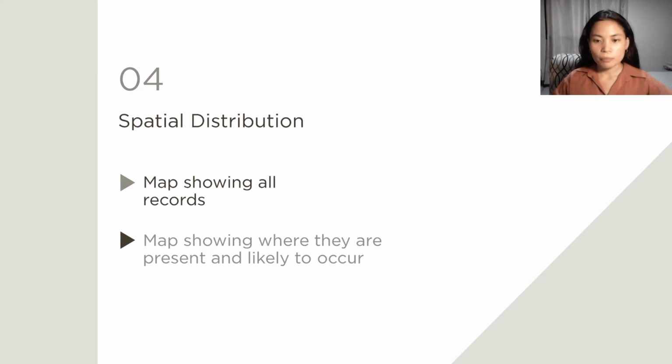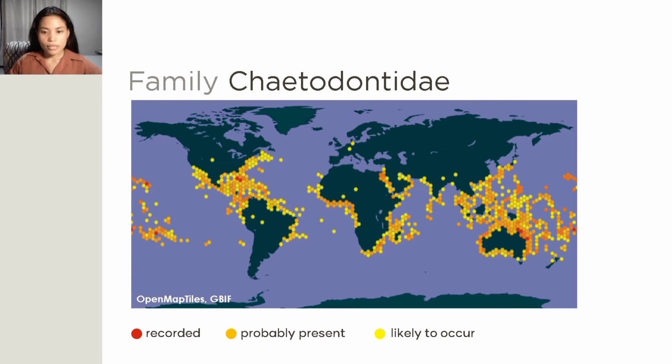For the fourth part of the presentation, I will be talking about each family's spatial distribution by presenting maps showing all of the records, where they are present, and where they are likely to occur. This image shows a map where species under family Chaetodontidae are recorded, probably present, and are likely to occur.